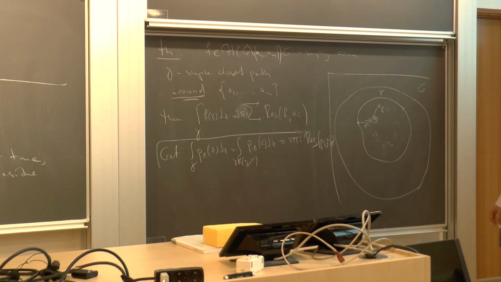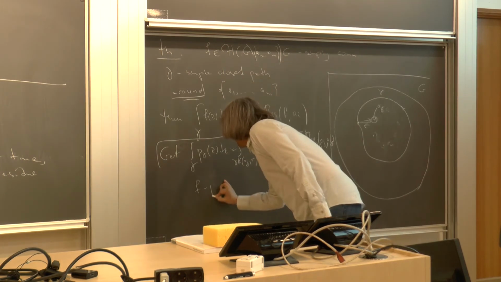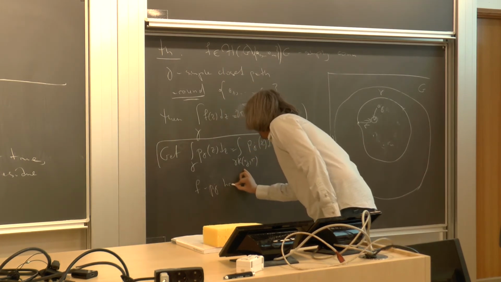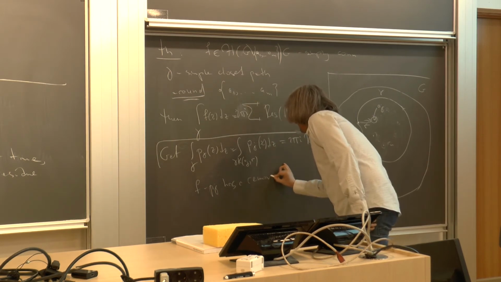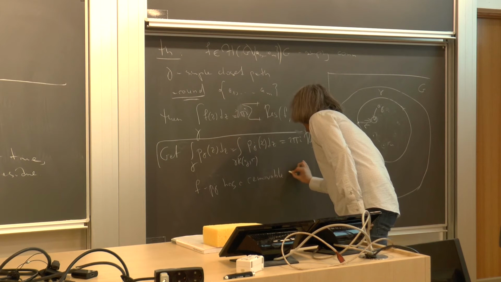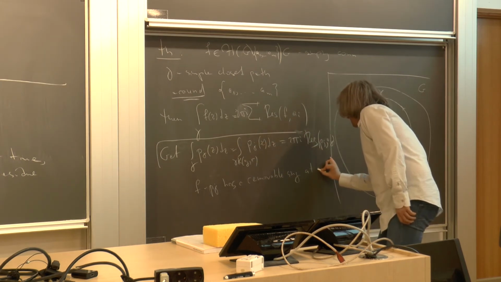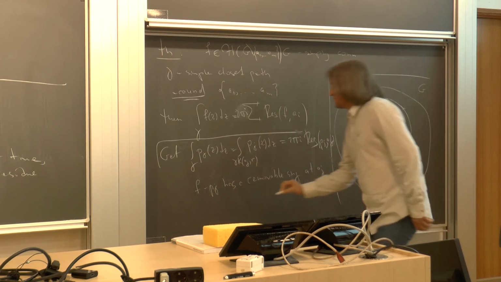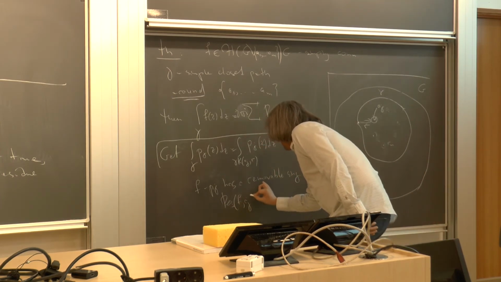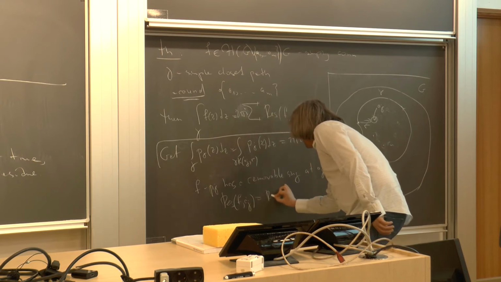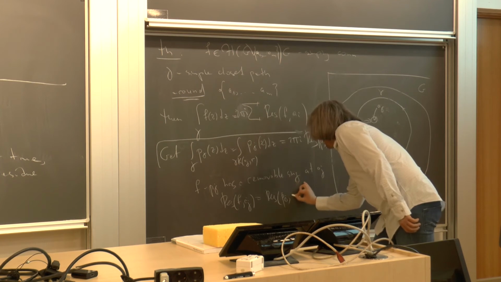But we remember that f minus P_j has a removable singularity. So the residue of f at a_j just equals the residue of P_j at a_j.